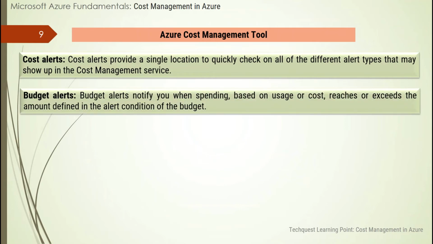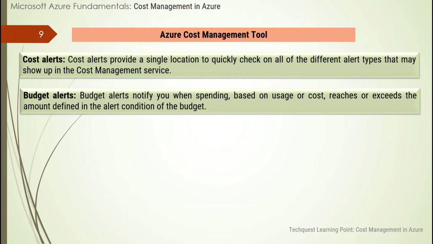Budget alerts. Budget alerts notify you when spending based on usage or cost reaches or exceeds the amount defined in the alert condition of the budget. Cost management budgets are created using the Azure portal or the Azure Consumption API. In the Azure portal, budgets are defined by cost. Budgets are defined by the cost or by consumption usage when using the Azure Consumption API.